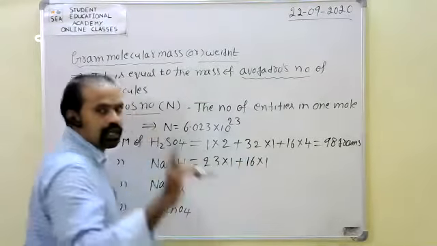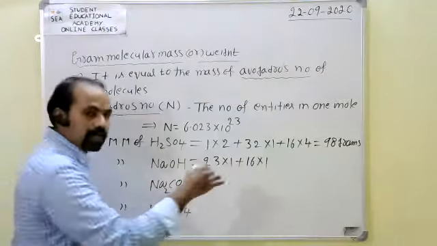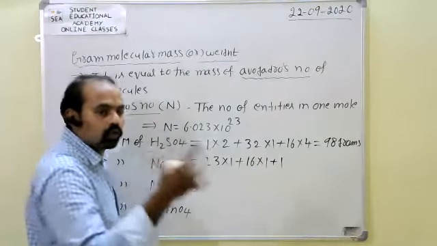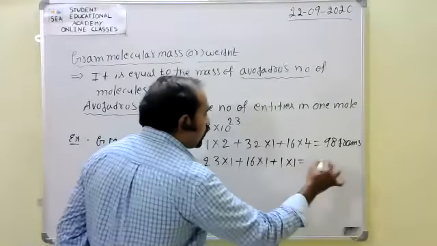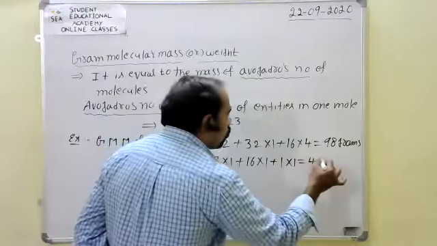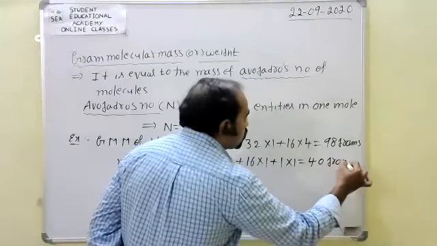How many oxygens are there? 1 only. Plus hydrogen atomic mass 1. How many hydrogens are there? 1 only. Total is equal to 40 grams.